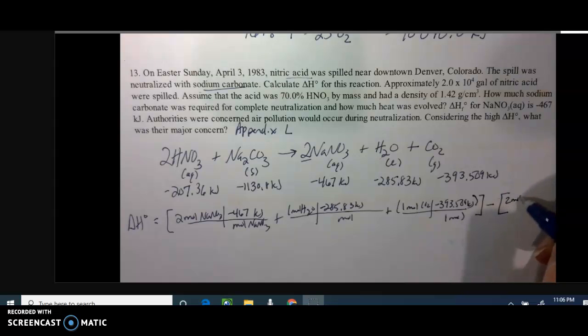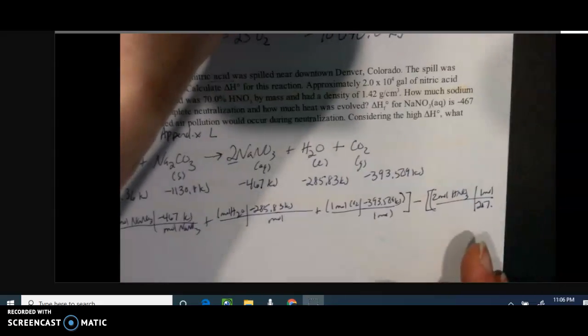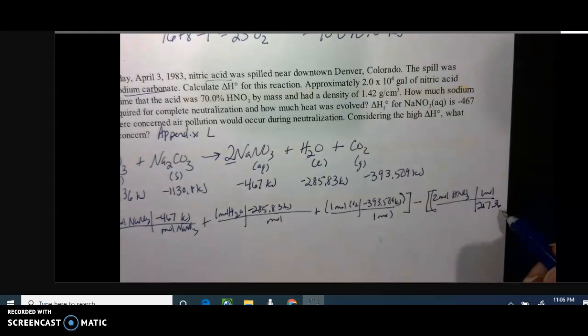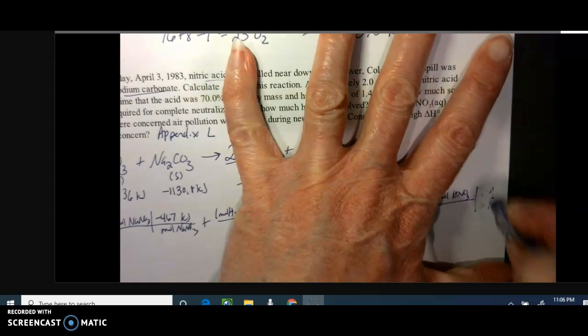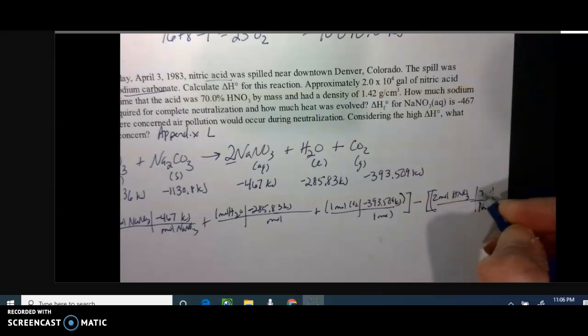So 2 moles of HNO3. 1 mole is negative 207.36, sorry. I was worried about spacing and then totally screwed that up. 207, sorry.